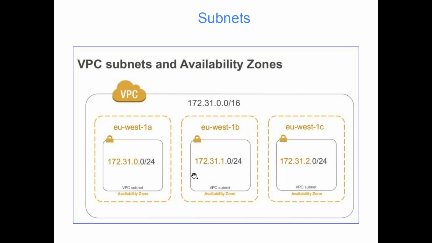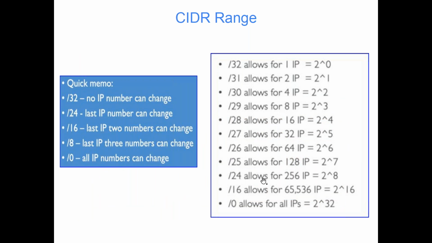If you are creating your EC2 instance in this availability zone, your EC2 instance will get an IP address from this range. And if you want to know what this range is, you just go to that website as we talked about in the previous slide, paste this CIDR range there, and it will display starting from this IP till this IP and the total count. /24 means 256 IP addresses.